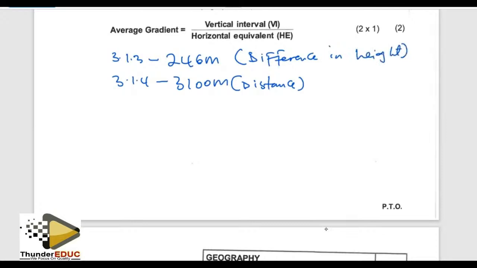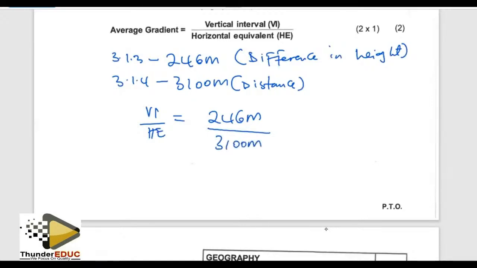Difference in height. So what we do here, as our formula states, vertical interval over horizontal equivalent. Meaning our vertical interval, that is the difference in height, which is 246 meters, over the horizontal equivalent, which is the distance in meters.